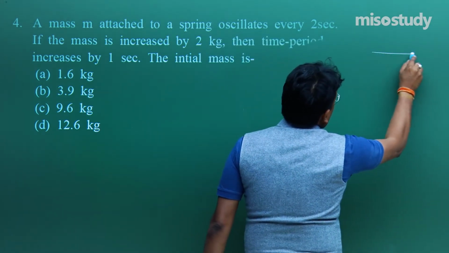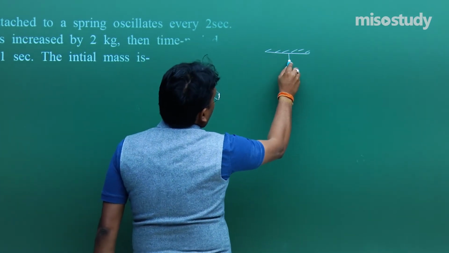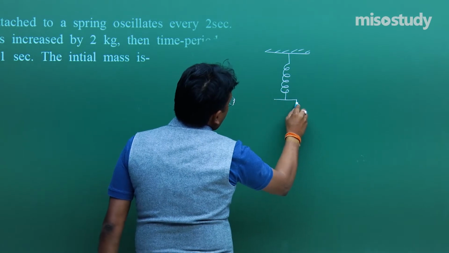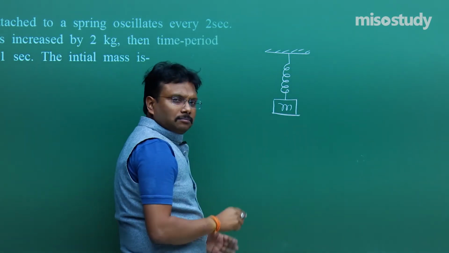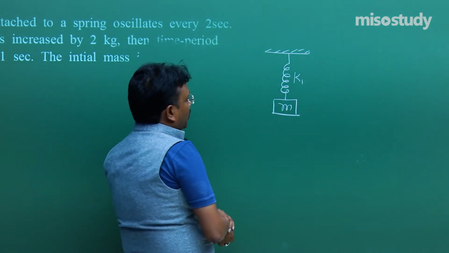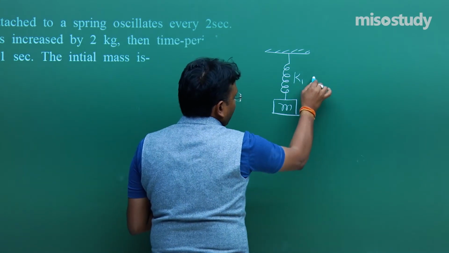So what exactly the situation is? Oh my God, such a beautiful painting. Okay, so this is spring, and let's say this is mass small m. No problem, simple. Let's say it's K1. Okay, it's oscillating. Fine, up down this way.